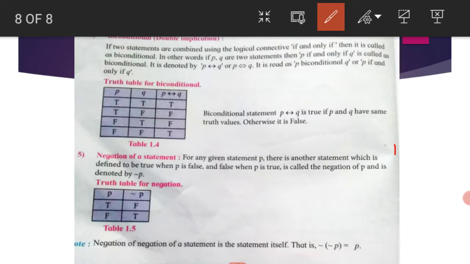Then negation of a statement. For any given statement P, there is another statement which is defined to be true when P is false and false when P is true.